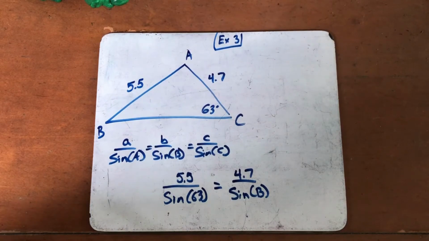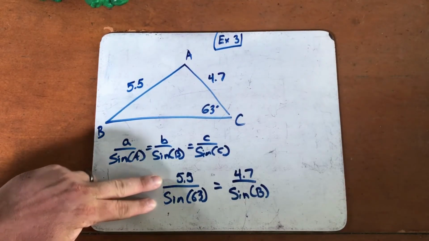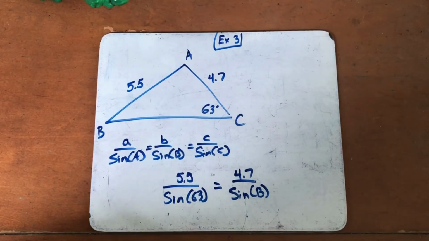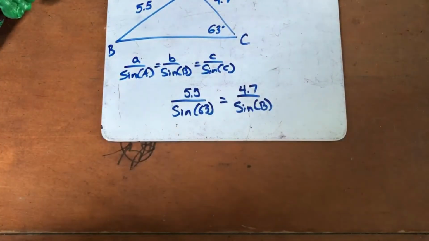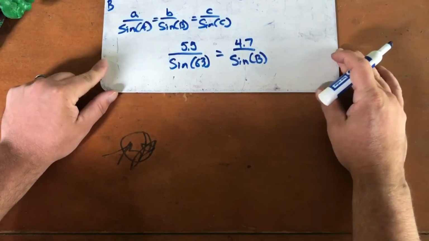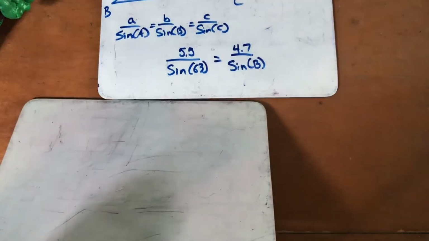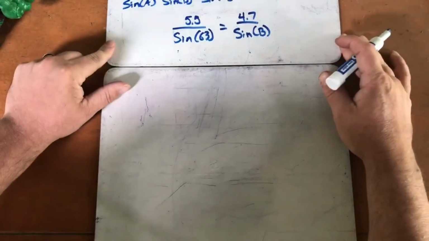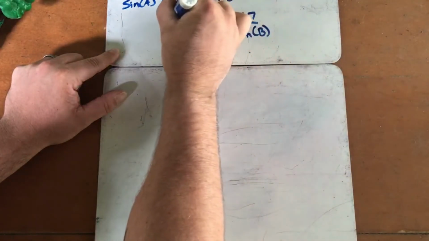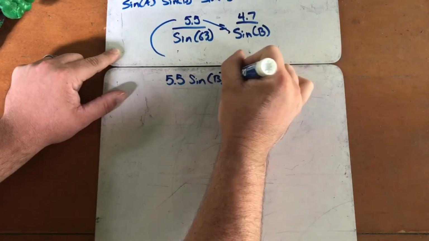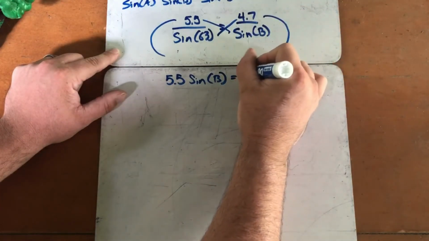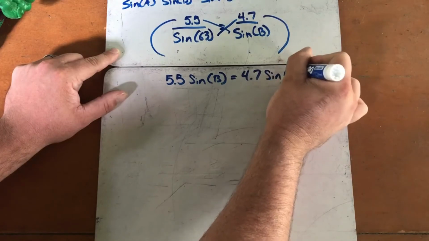One way that I can do this is if my proportion matches this way and my proportion matches this way, then when I cross multiply, I end up with 5.5 times the sine of B equals 4.7 times the sine of 63.